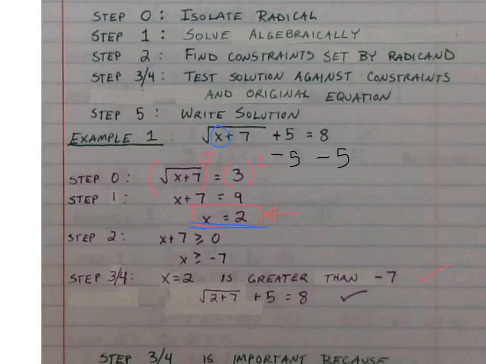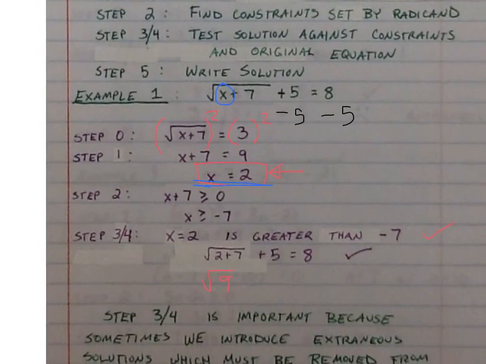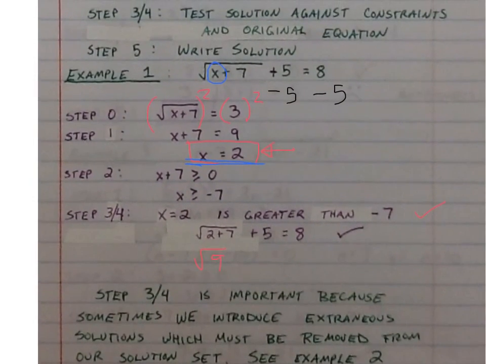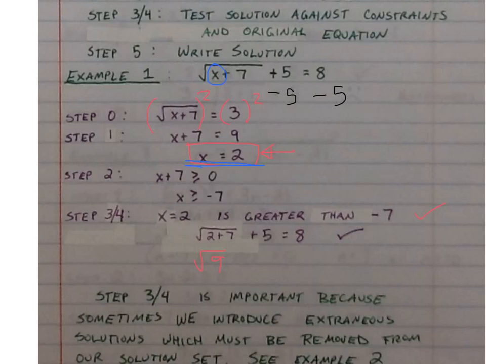So we get root 2 plus 7, which is root 9, plus 5 equals 8, and that checks out. So 3 plus 5 is 8. So our solution then is x equals 2. I didn't write that in here. Step 5, x equals 2.